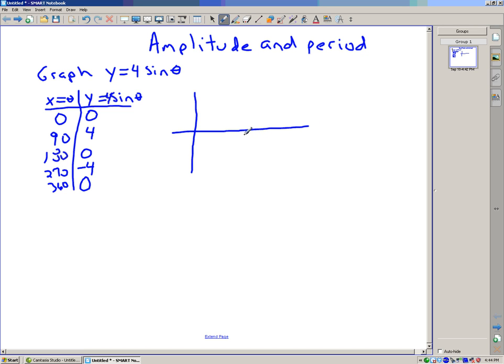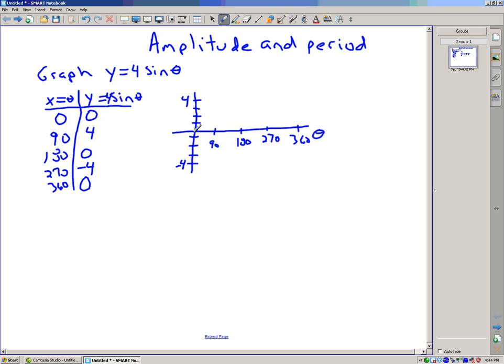And on the x-axis, although I'm actually going to call this the theta axis, I'm going to have 90, 180, 270, and then 360. And it looks like I need to have a range of up 4 and down 4. That would be negative 4, and that would be positive 4.